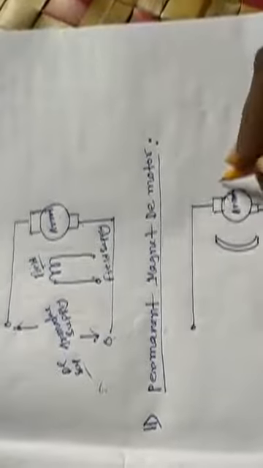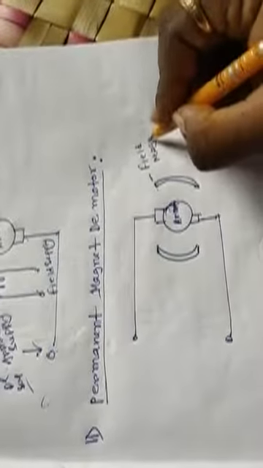This is the armature of the DC motor. This field magnet is permanent. This is the field magnet, and this is the DC armature supply.